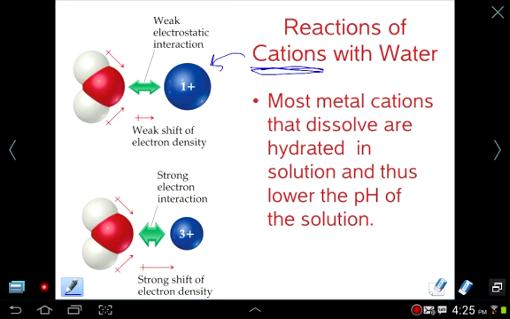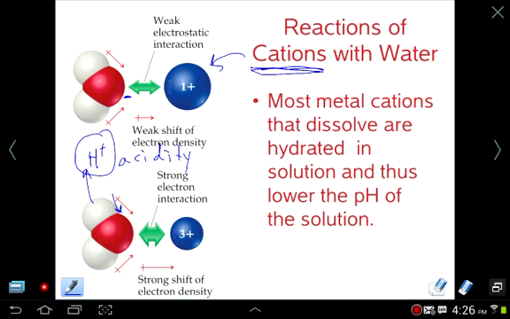The negative side of the water molecule, which comes from the oxygen, will pull toward itself the positive charge, and as these attract, the electron density from the hydrogen on the water gets pulled as well, and the hydrogens can then pop off. And if the hydrogen pops off, you have yourself acidity.